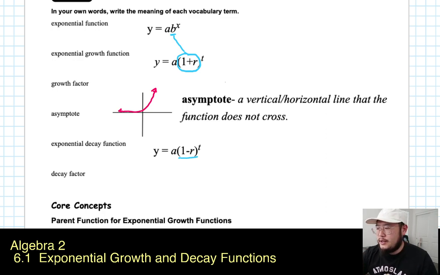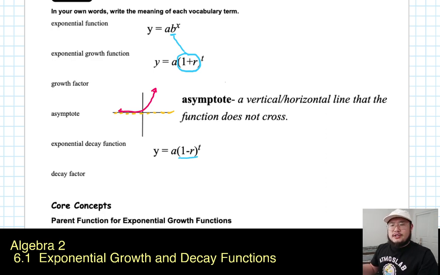Now, what you'll notice right here is that we do have an asymptote. And where is it? The asymptote, I tried to make it right here at the x-axis. And I'll go ahead and put a dotted line there, or a dashed line. And that asymptote would be, in this instance, a horizontal asymptote.